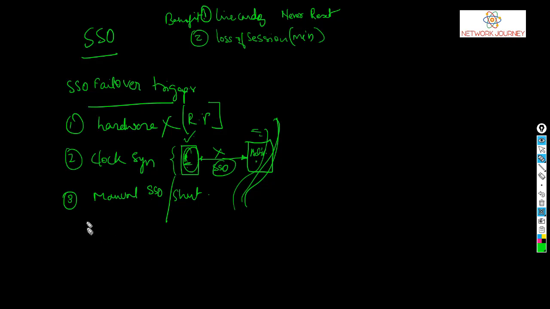Now, whenever the SSO failover happens, keep in mind that the layer 2 traffic is not disturbed at any cost. So layer 2 is not disturbed.